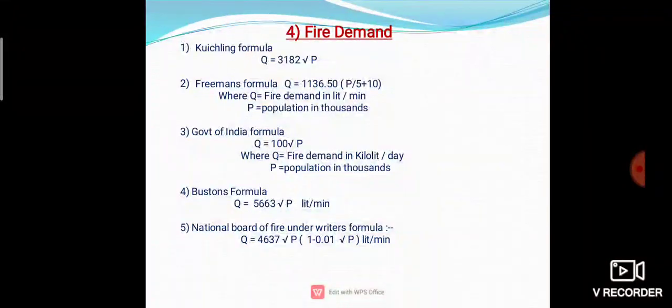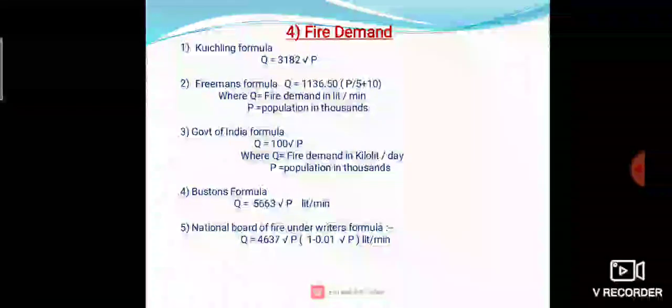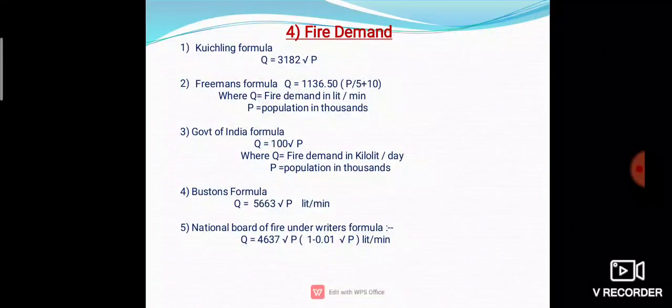Next is fire demand, which is a very important demand. Fire usually occurs in industrial areas and causes serious damage to property and life.